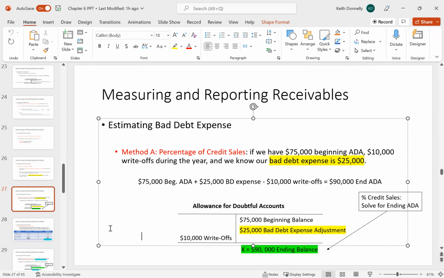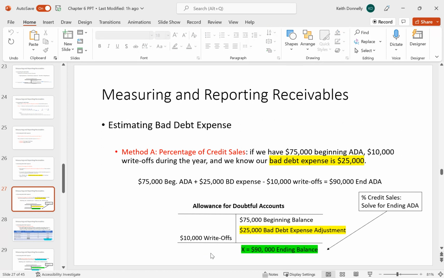Traditionally, if there are variables 1, 2, 3, and 4, they'll give you 3 of them and you have to solve for the remaining one. It could be any of the 3. But here specifically, if we use method A, we'll be given these 3 and we have to solve for the ending.